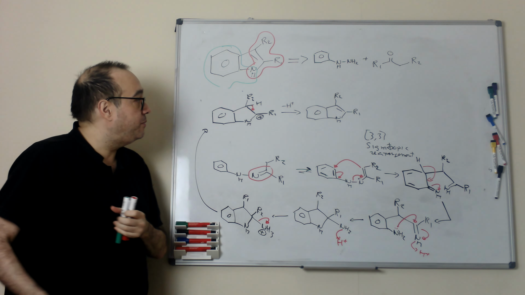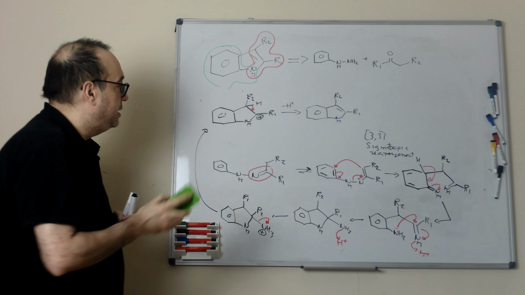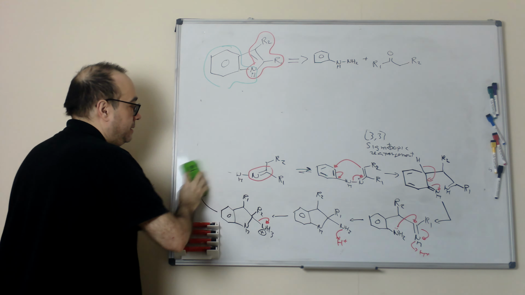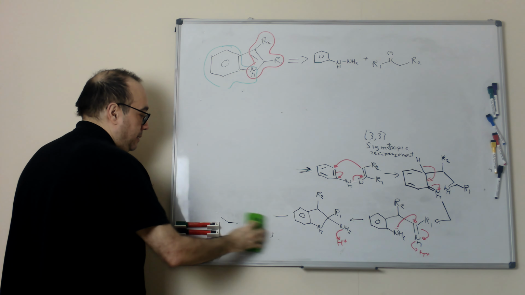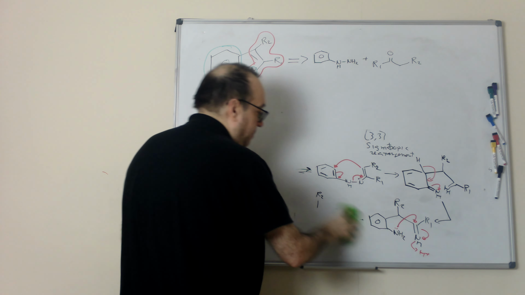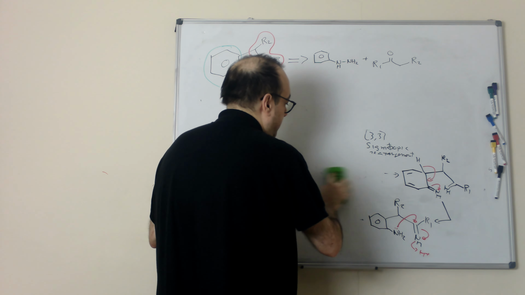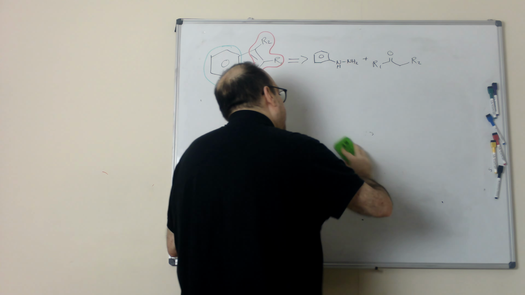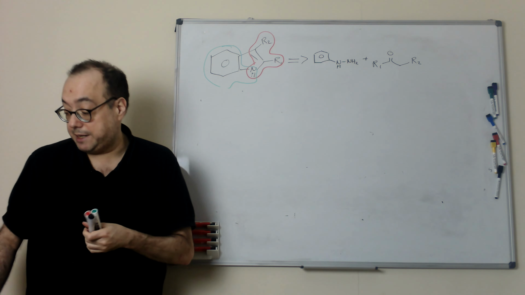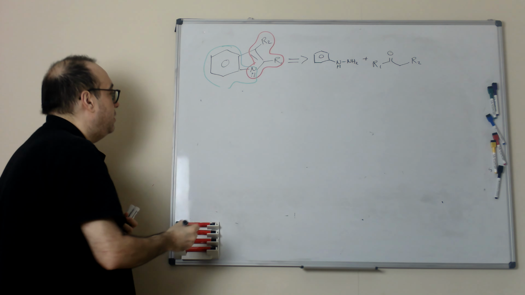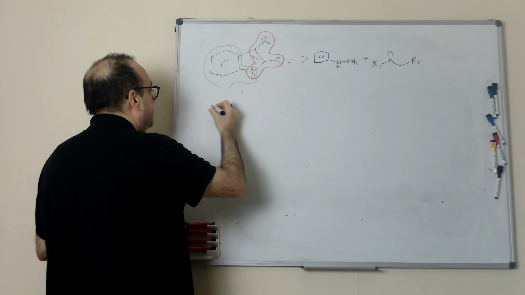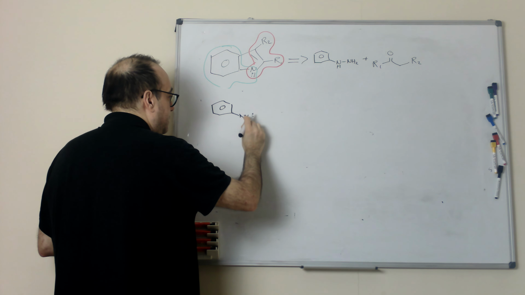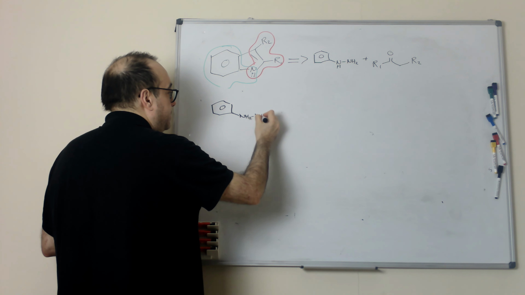But what will happen if we are using, for example, the following reaction? Now I will do the mechanism a little bit faster, but you have the step-by-step mechanism in the lecture notes. What happens if we are using this compound?